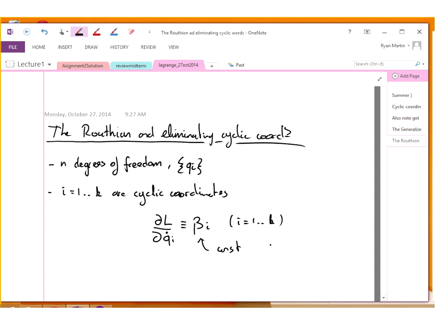We'll call it beta_i to identify it as a constant, as opposed to p_i, which we'll assume are not constants.